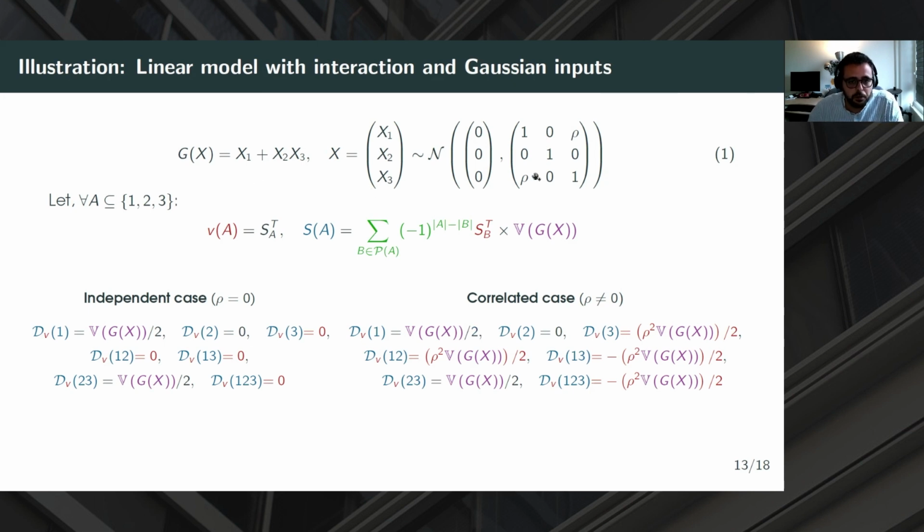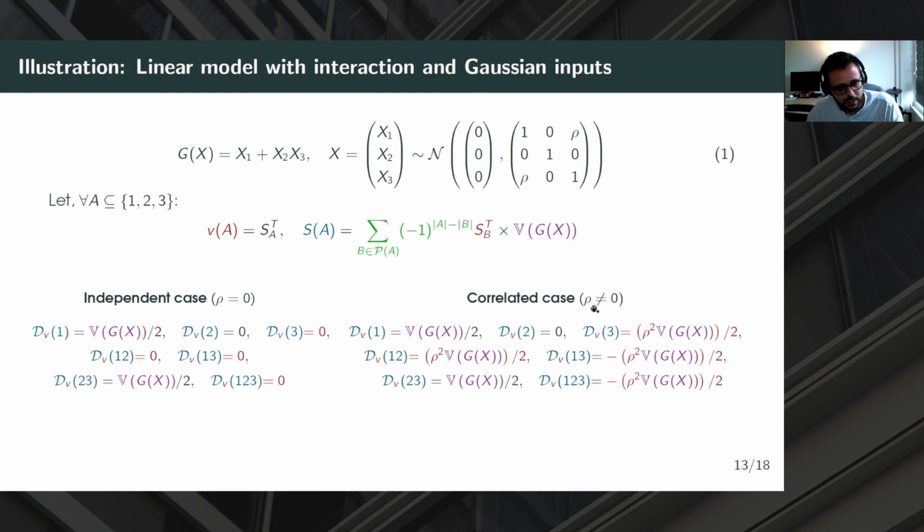If we compute this for a still simple model, equal to x1 plus x2 times x3, we can see that in the independent case, whenever I choose my value function to be the total Sobol indices, the same as before, my Harsanyi dividends grant half of the output variance to the first variable, which makes sense, and half of the variance to the interaction between x2 and x3, which also makes sense.